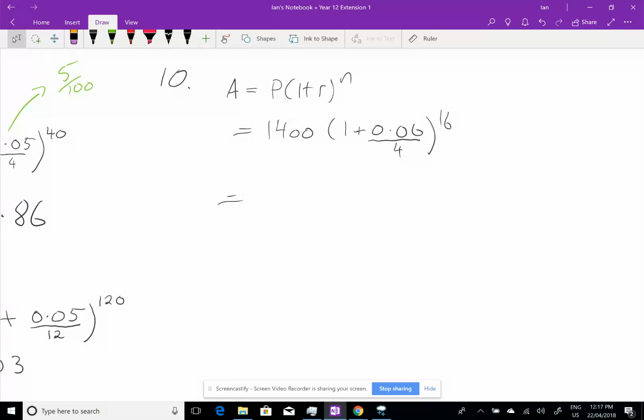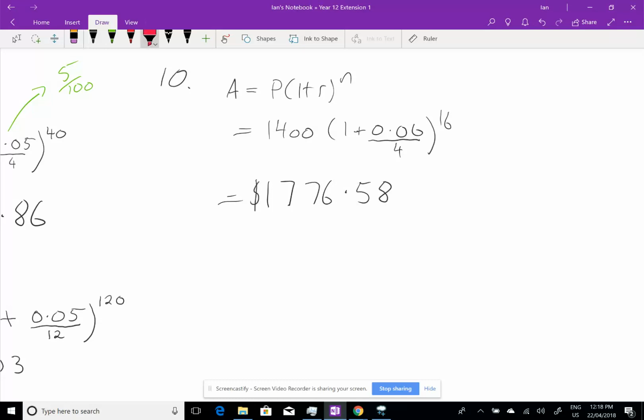So 1,400 times 1 plus 0.06 divided by 4 to the power of 16. So in the bank, at the end of that time period, there is $1,776.58. But the question says, what was the interest?